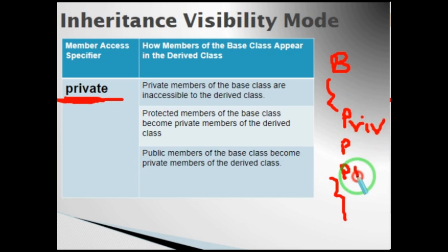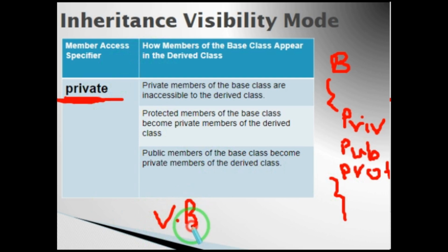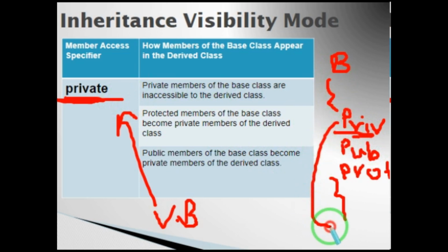What is the effect when I use a visibility mode as private? Private members of the base class are not accessible in a derived class whenever I use a private visibility mode.